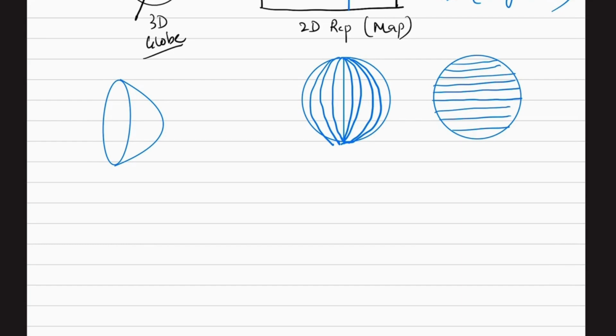ये अर्थ को हमने हाफ में डिवाइड कर दिया है. So let's take this as center of the earth.